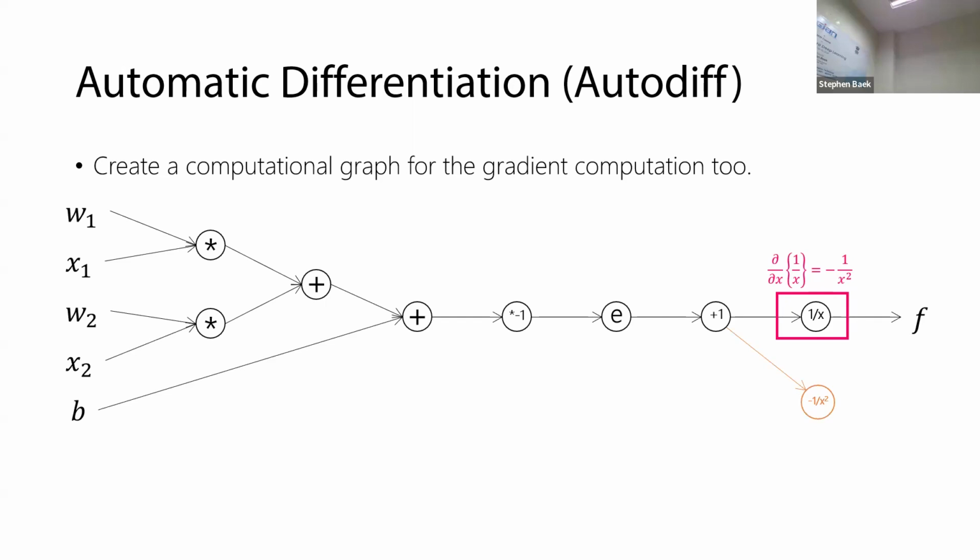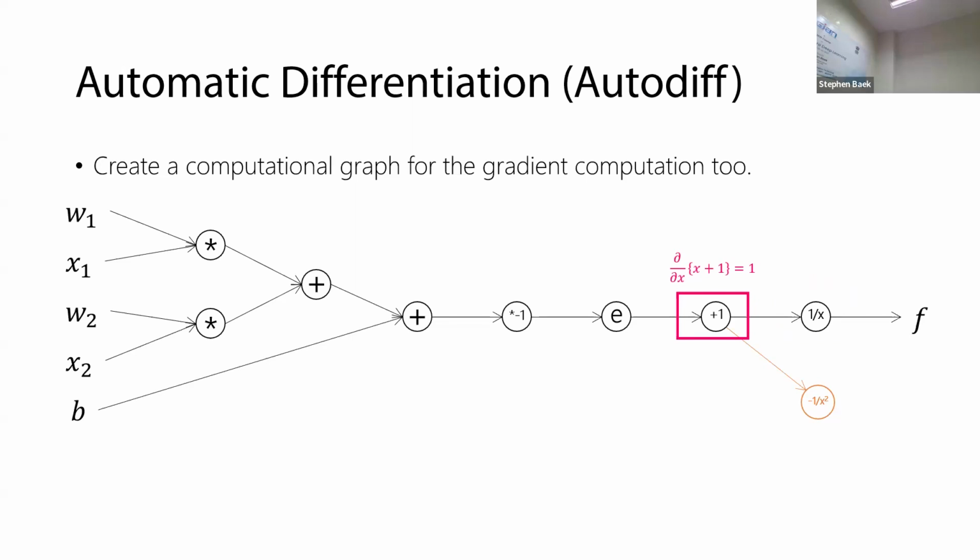So what happens inside of the automatic differentiation engine, or AutoDiff algorithm, is to create a node that corresponds to -1 over x squared. Notice that node is connected to the node that is prior to the original node. And then, similar to backpropagation, we're going backward by one step.